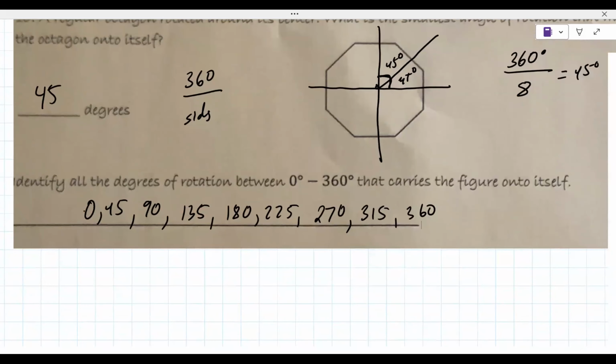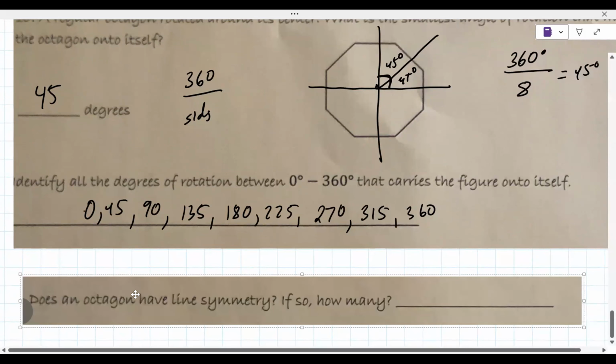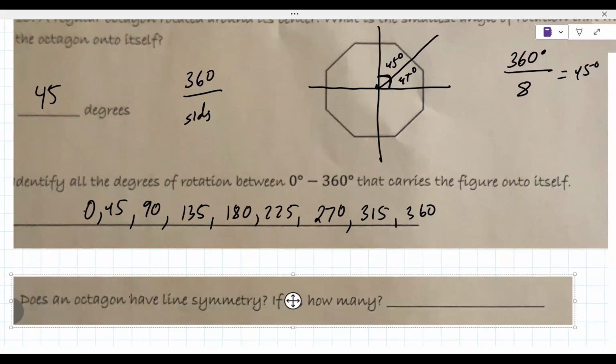Sorry, there is one more question here about line symmetry. And it's the number of sides.